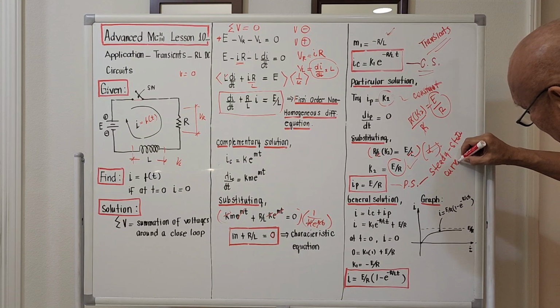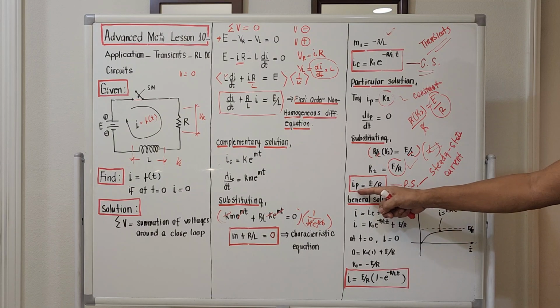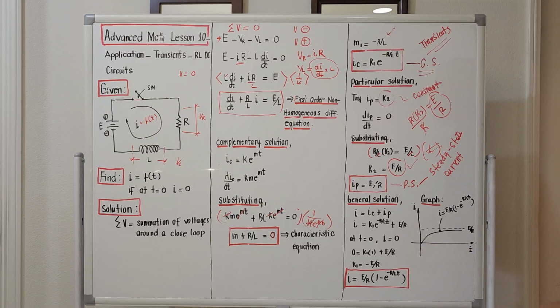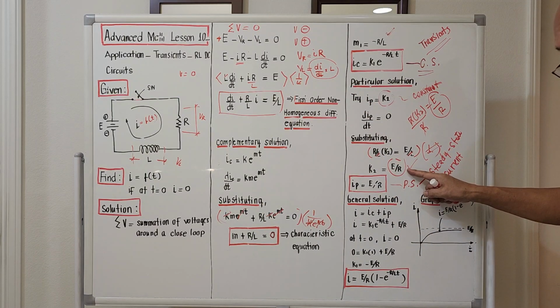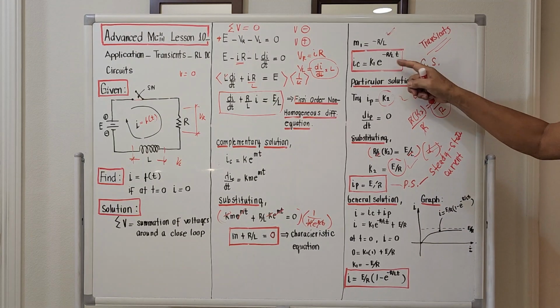Steady state current. Steady state meaning the value of the particular solution is not affected by time. At any moment in time, the value of the particular solution for RL DC will simply be the ratio E over R. But the complementary solution, as you notice, is in terms of time.